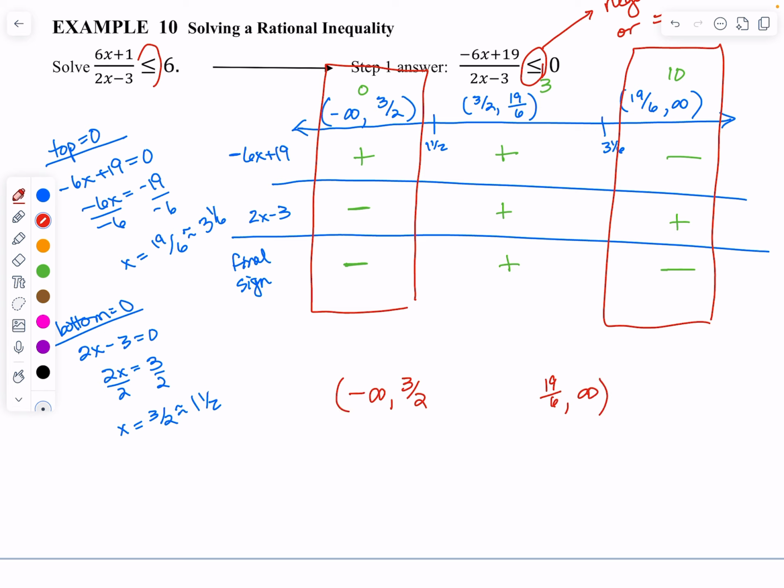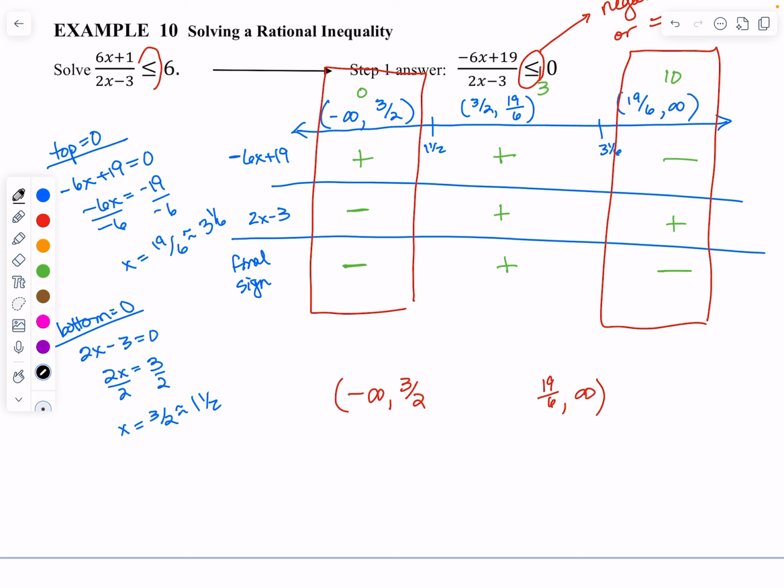Now we have to figure out what happens at 3/2 and what happens at 19/6. So when I put my 3/2 in here, notice 3/2 was not the answer to the top, so I don't really have to figure out what it is.